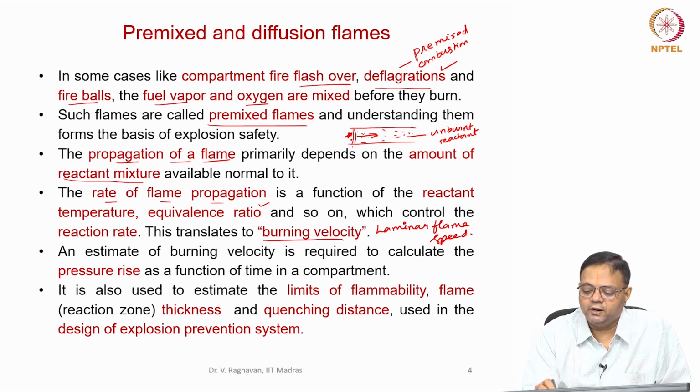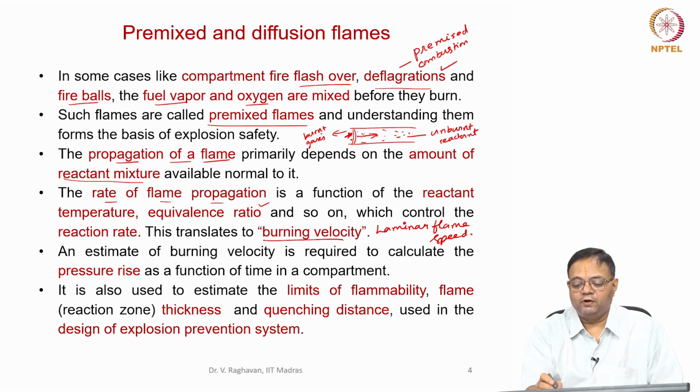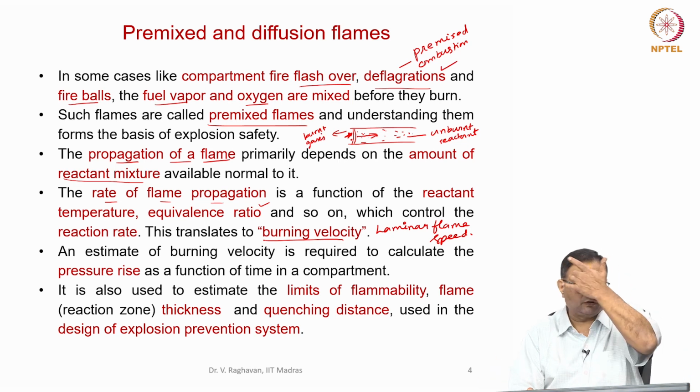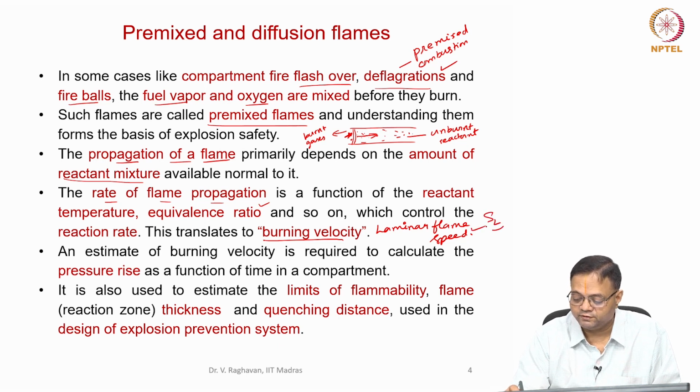This can be done at lab scale by considering a tube in which I ignite a reactant mixture which is loaded here, and the unburned gases are present in the way the flame propagates, and in the opposite direction the burned gas goes away, so that the flame steadily propagates. So, this process is called deflagration, and the characteristic of this propagation is the burning velocity or laminar flame speed, which is SL.